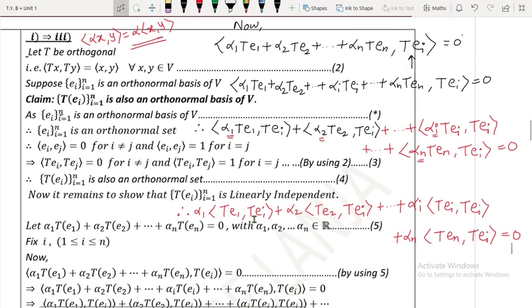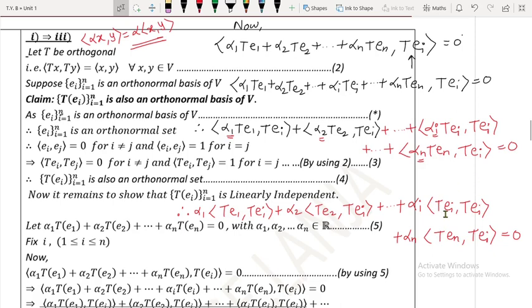Okay, so what can you say about this inner product? That is going to be 0 because 1 is not equal to i for sure, because i is appearing here. Is that okay? I ची टर्म इथे आहे ना, त्यामुळे 1 आणि i are not equal असं आपण म्हणूया. And next is inner product of T of e2 with T of ei. This is also going to be 0. But what about this?